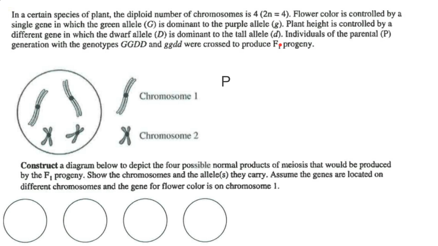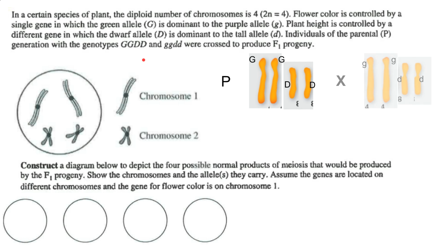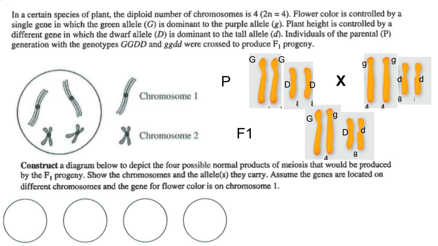So again, the P generation, it's saying we've got a GGDD, which would be that, crossed with GGDD, and we will produce F1 progeny, which is that. Okay, again, heterozygous. This is F1.